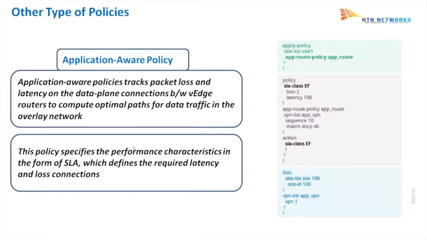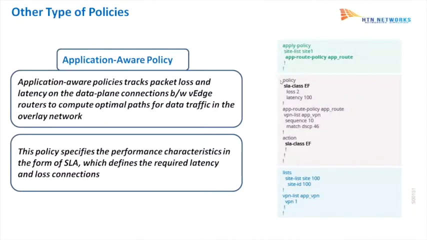If you see the policy on the right-hand side, in the policy definition we say SLA class EF, right? EF stands for expedited forwarding. For any real-time traffic, we use expedited forwarding. We have defined loss 2 and latency 100. So this is an SLA policy that we have configured.